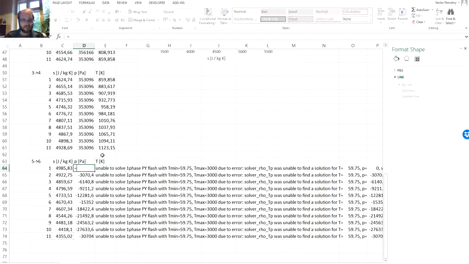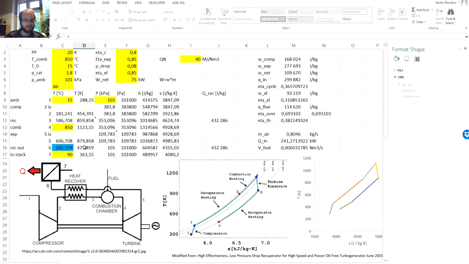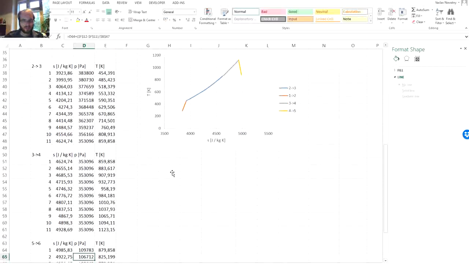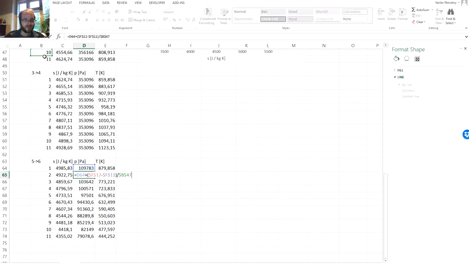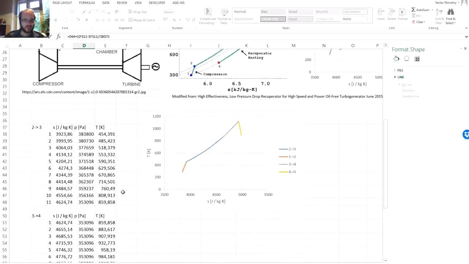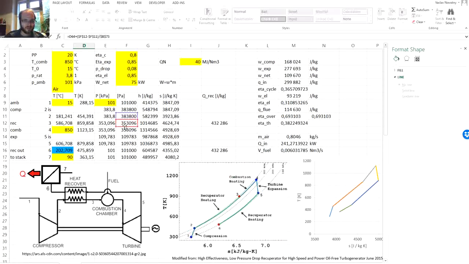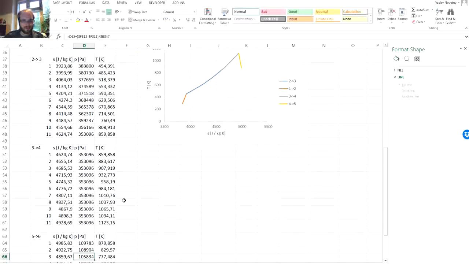Now let's do the same with pressure. Pressure at point 5 over here, and then the change in the pressure per each element of our process, the difference between the pressure 5 and 6.